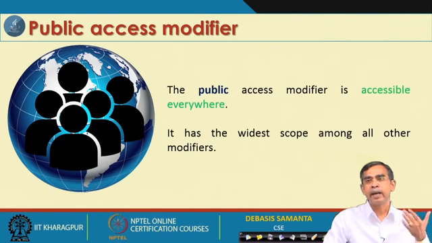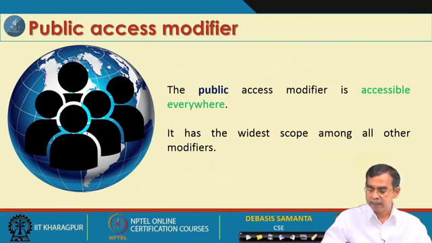After public comes protected, then default, then private. As you know, private is a stricter access specification compared to public. Public is the weakest access specification in this range. You can consider the table that I have already discussed and follow it.